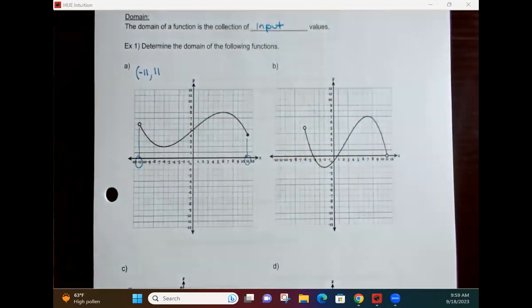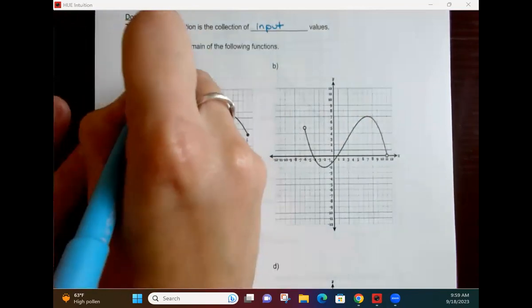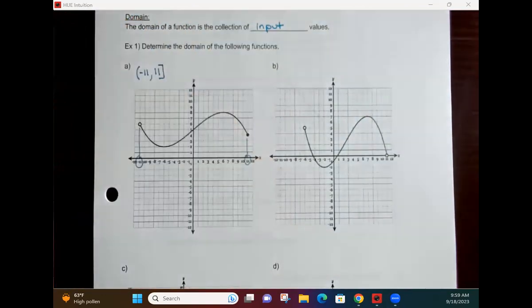Okay. So can I use +11? Yes. If I can achieve that value, if I can use that value in the domain, then we use a bracket. So that's called interval notation. Small, comma, big, and then you decide parentheses or brackets based on, are these values included in the domain or not? So we're looking for things like open circles or closed circles.